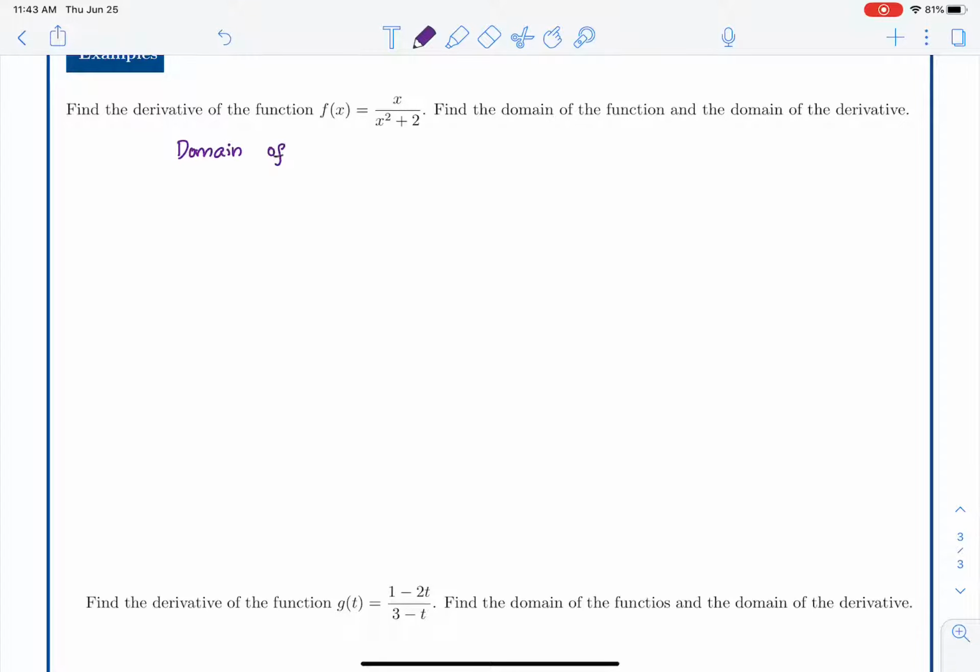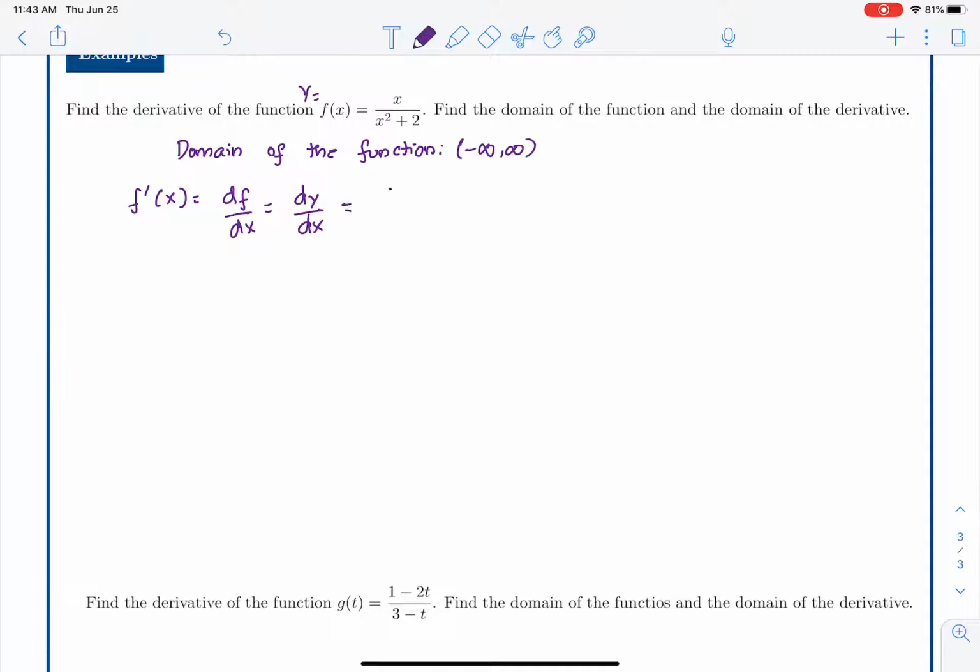The reason being, I can plug in any number in the denominator or the numerator, and I'm going to get a well-defined real number. So how do we find the derivative of x? The derivative of f of x is simply df over dx. That is the same as saying dy over dx if I call y equal to f of x.